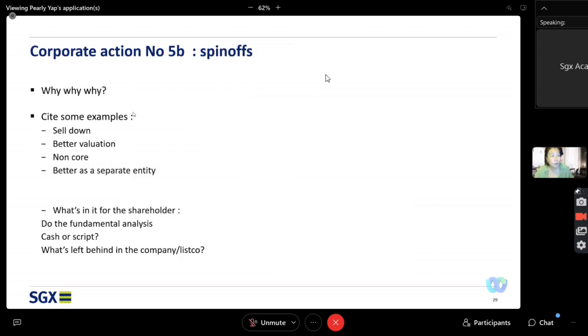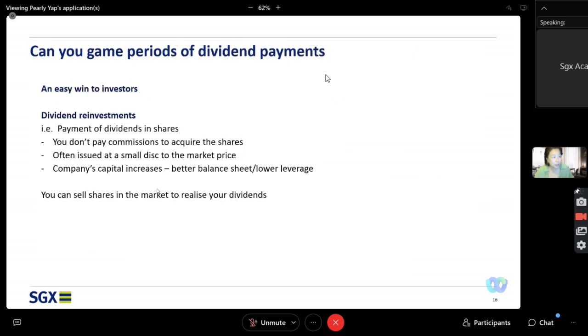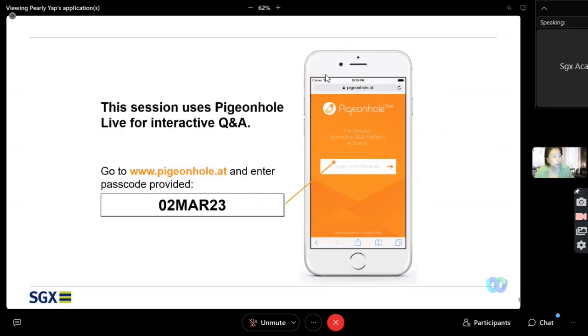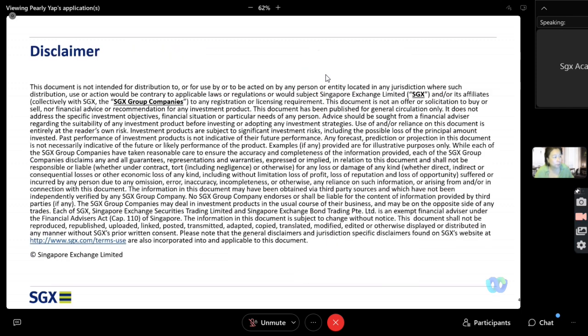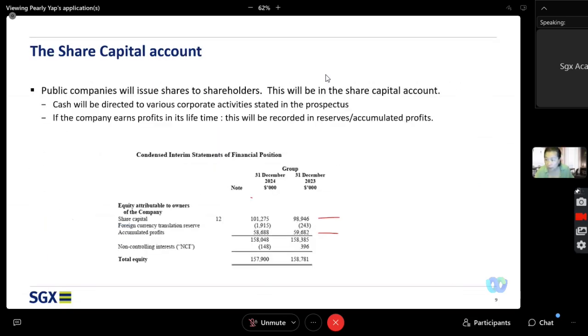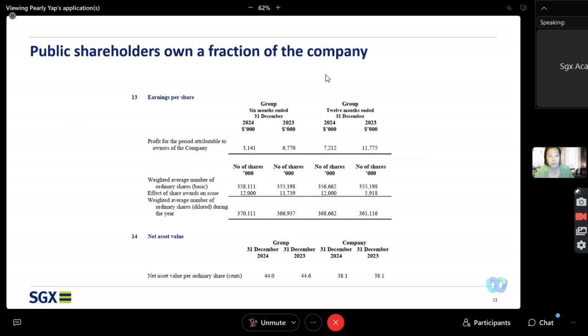Okay, so I've gone through 5 corporate actions. Let me just summarize before we go to the synopsis. So what have we covered? We have covered dividends. We have covered bonus issues or stock splits.